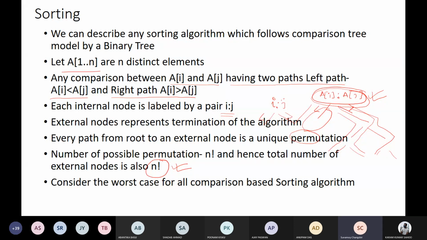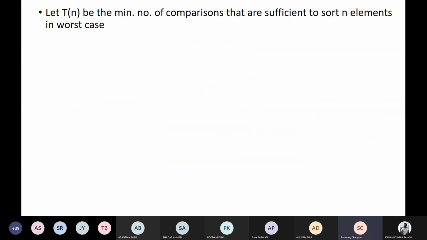Our target is to find the time complexity, the minimum number of comparisons required in the worst case, that is the lower bound in any comparison based sorting algorithm. So let us consider that Tn is the minimum number of comparisons that are sufficient to sort n elements in the worst case. Our target is to find this Tn.